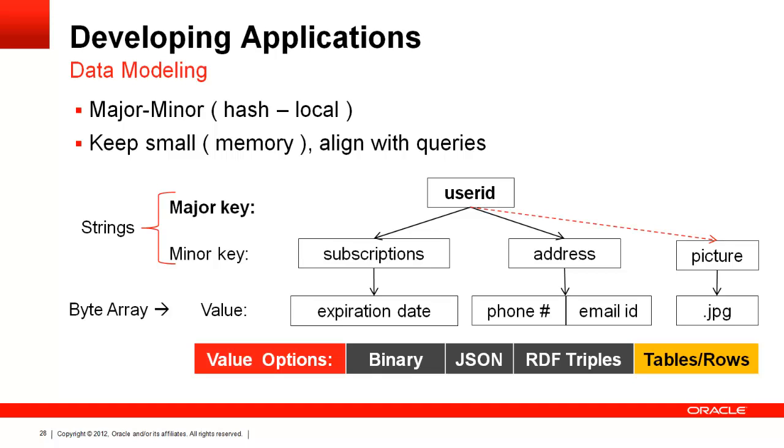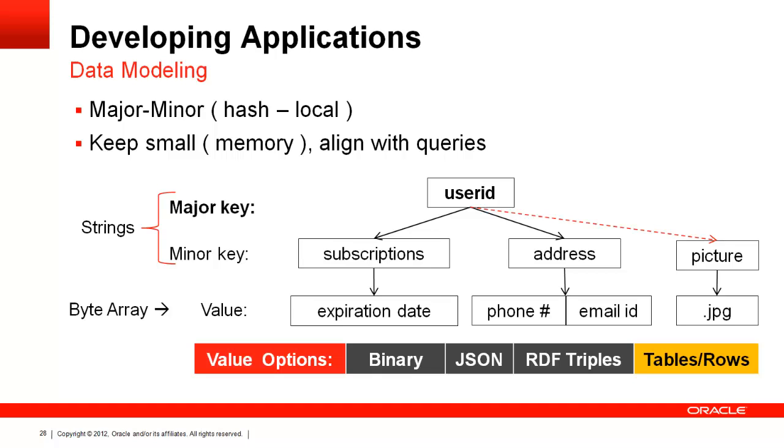And then the minor key serves to further qualify the data, but it does it in such a way that it localizes the storage in the same node as the major key component. Therefore, it optimizes the I/O when it comes to accessing multiple fields under a given major key, in the hierarchy of data.